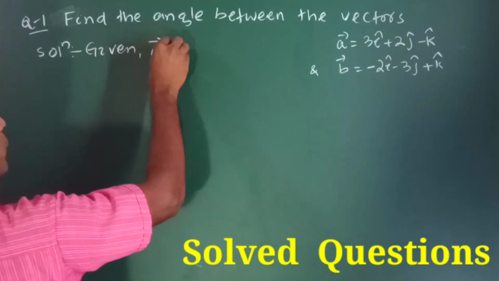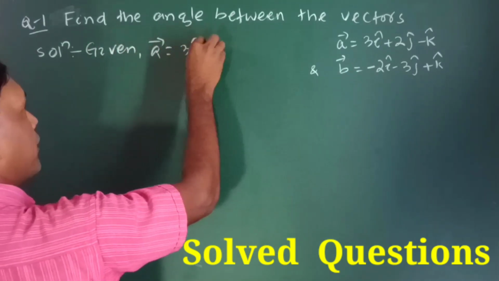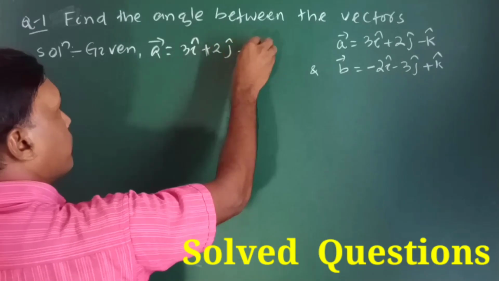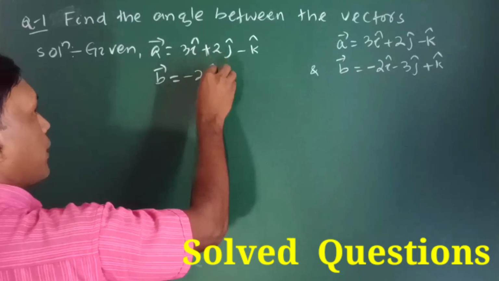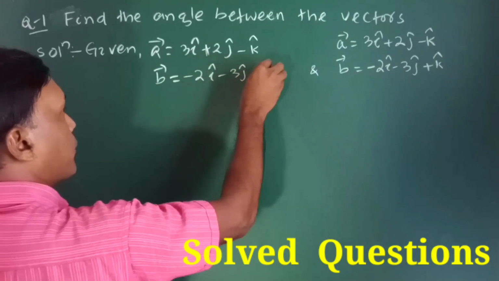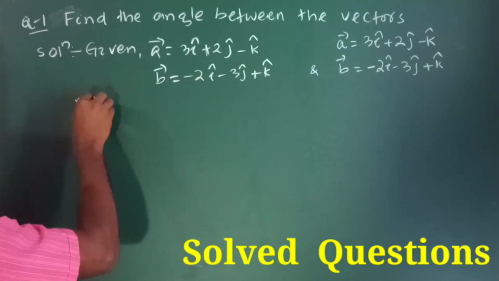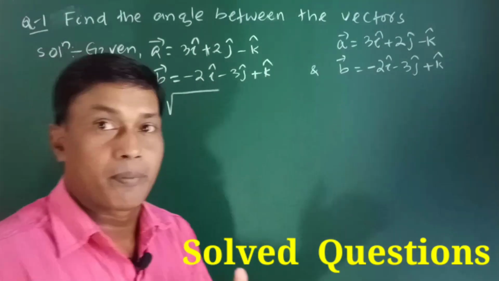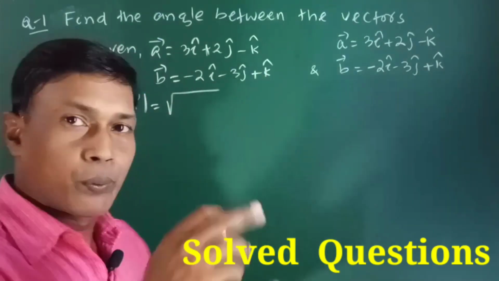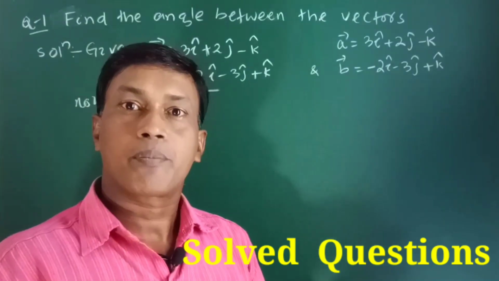Given a vector is 3i cap plus 2j cap minus k cap, b vector is minus 2i cap minus 3j cap plus k cap. Now, as you know, the magnitude of a vector is root over x square plus y square plus z square.